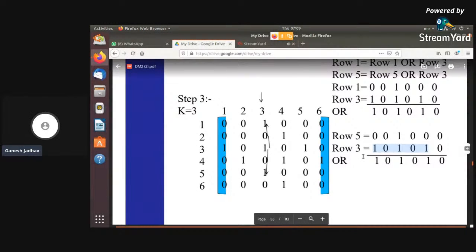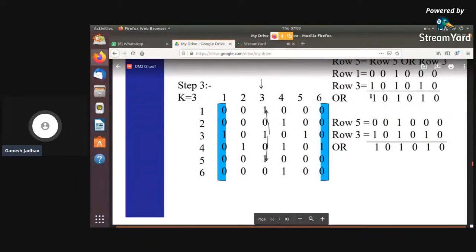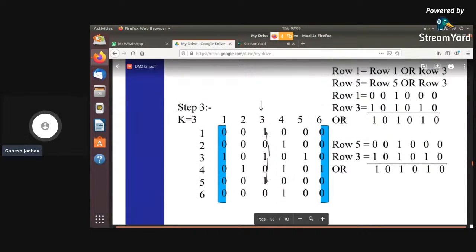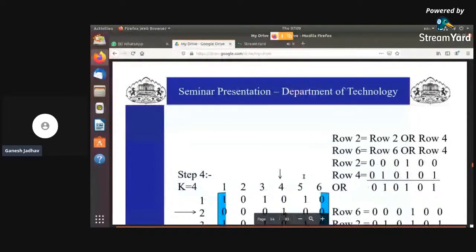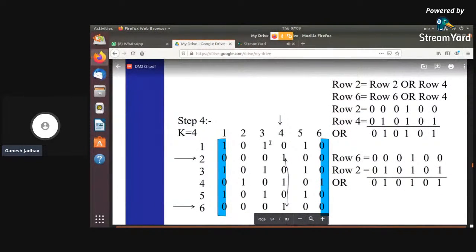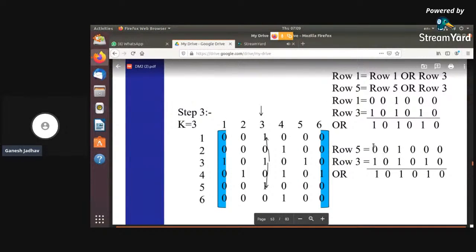Get it now? So in the next matrix, you have to write these modified rows, these modified row number 1 and row number 5, in the below matrix. This is the modified rows as per this operation: 101010.